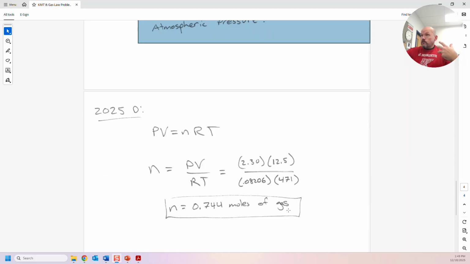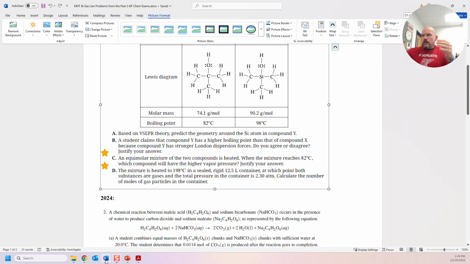Now, let's see, so it was an equal molar sample. So that means the partial pressure of each gas is just half of the total pressure.